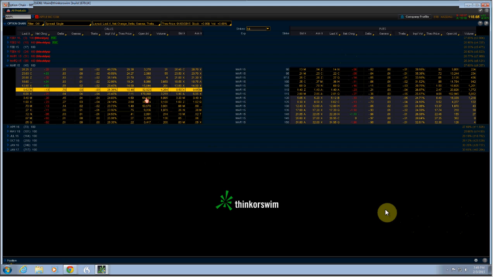But your volume and open interest work well so you can see what's being traded today versus how it's been traded overall. And it's not always necessarily the number that matters. It's not like it has to be some super huge number.